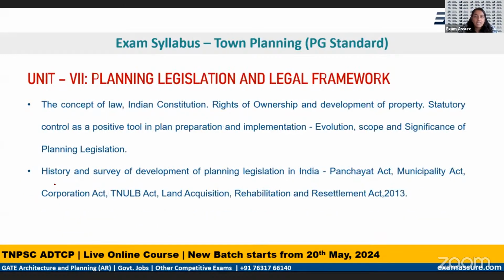planning legislation and legal framework, basically all the acts and bylaws or the upcoming acts that are related to planning, along with the current ones, even what has been there in the past history, right? So even your Municipality Act, Corporation Act, Tamil Nadu Urban Local Body Act, what is the Land Acquisition, Rehabilitation, Resettlement Act.